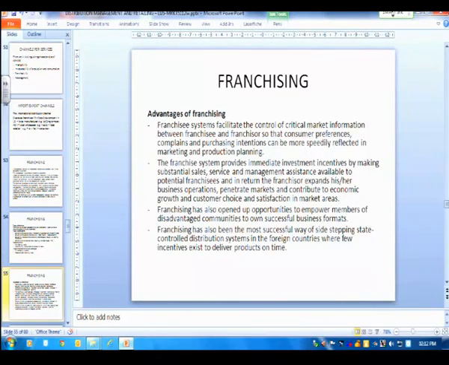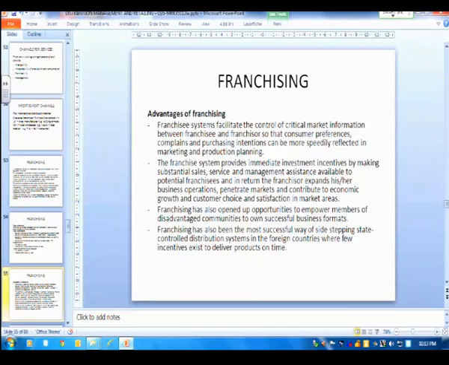Advantages of franchising. Franchisee systems facilitate the control of critical market information between franchisee and franchisor so that consumer preferences, complaints, and purchase intentions can be more speedily reflected in marketing and production planning.